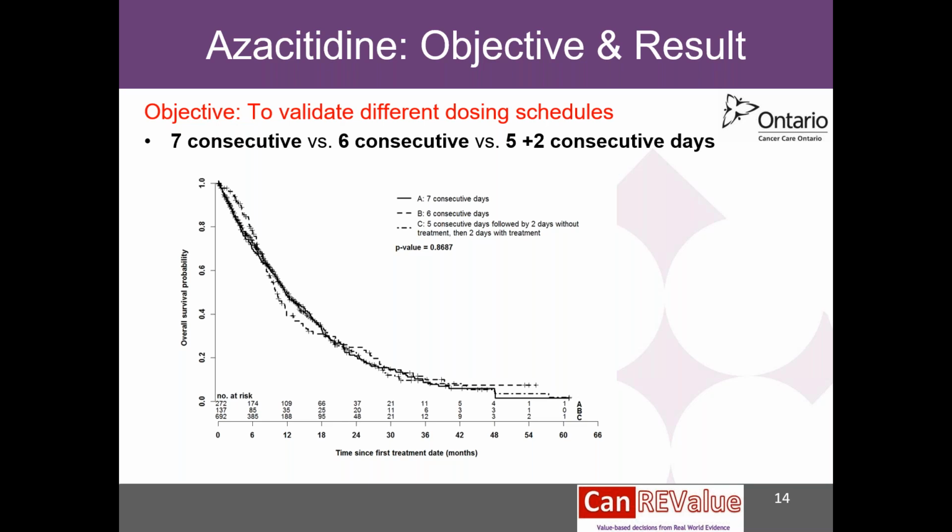And for those who can see in the middle, the word that says p-value, that's the statistical test to look at whether those treatments are different or the same. And this p-value is quite big. So a big p-value usually means that those three curves are not really different statistically from each other.